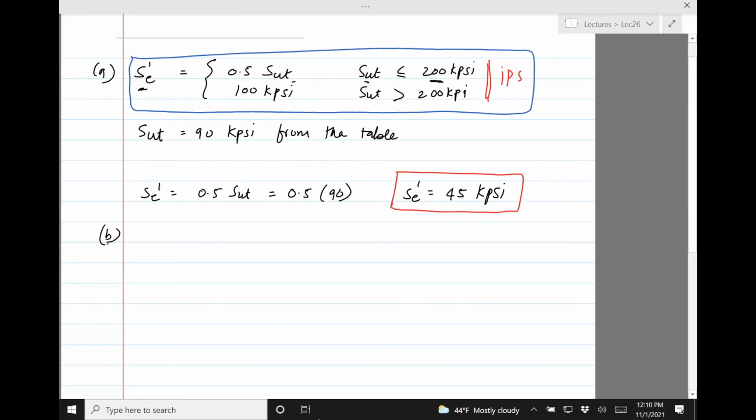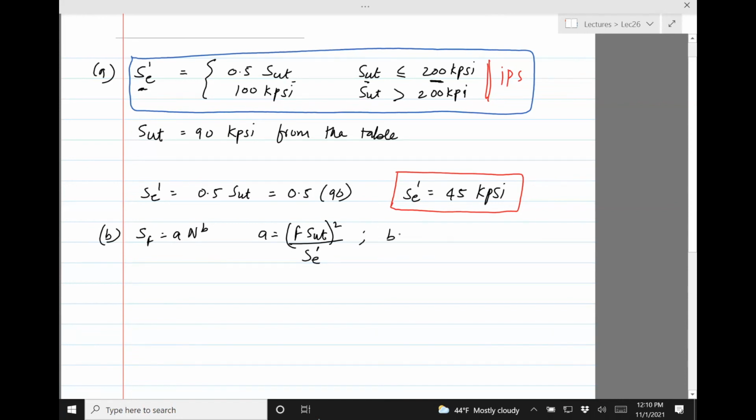Okay, so part B, we need to model the S-N curve. So for that, we need to fit this expression. We wrote down that A equals f SUT squared divided by SE. In this case, SE is SE prime.